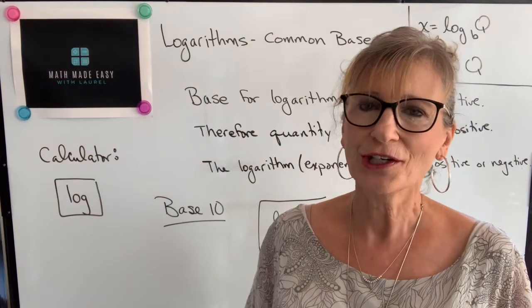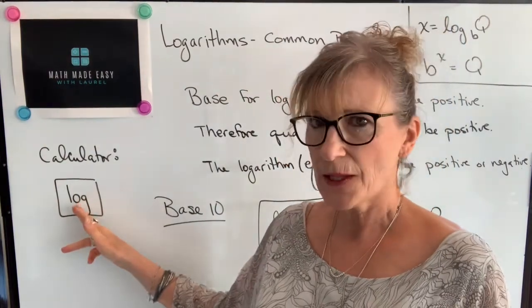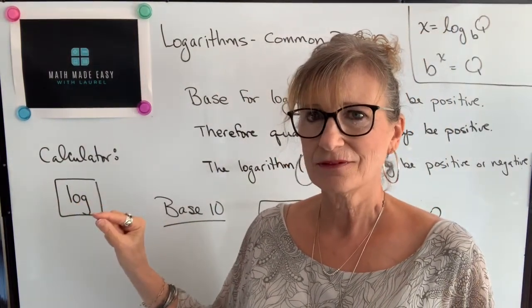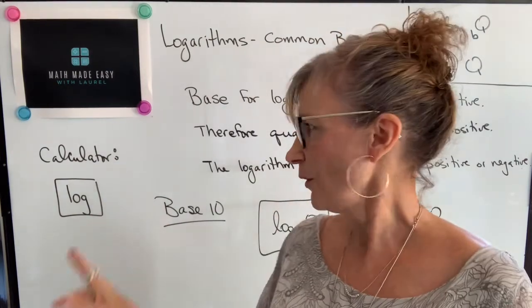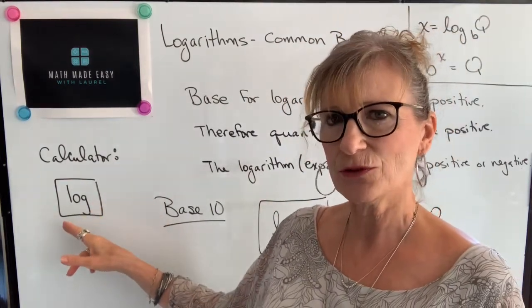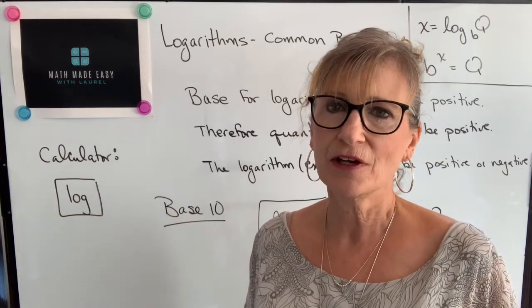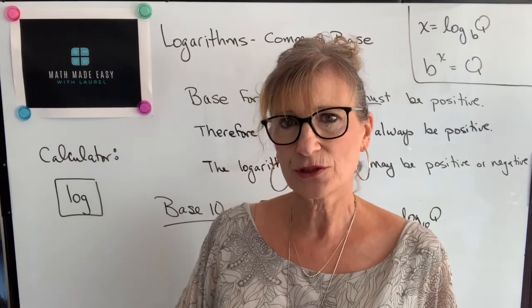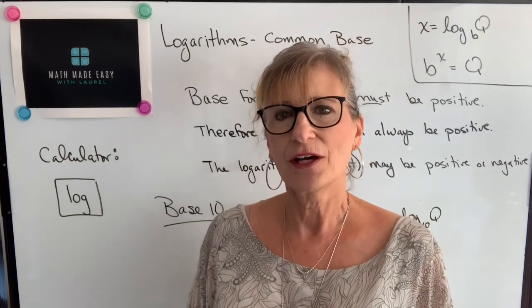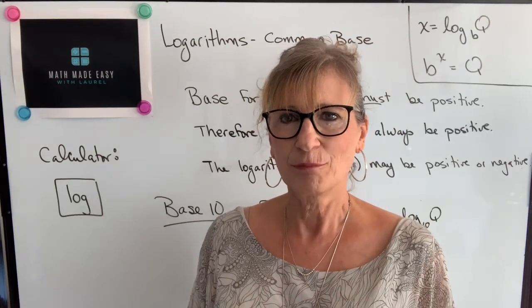It says log on it. And when you see that, understand that it's only base 10. It doesn't work with any other bases of logarithms. So this is what we're going to use, and we're going to take a look at finding examples of logarithms. And then we're also going to do the reverse and find what's called the antilog, base 10.